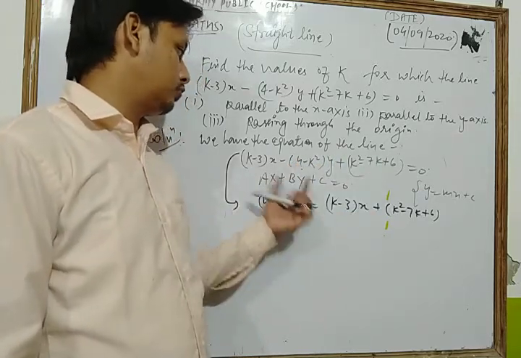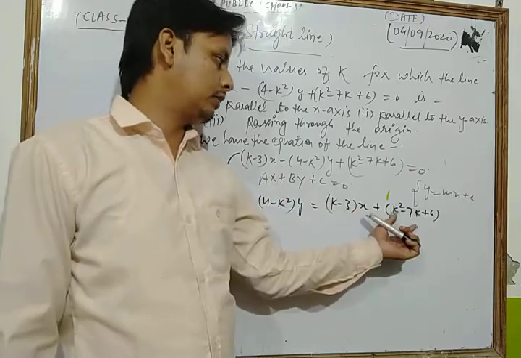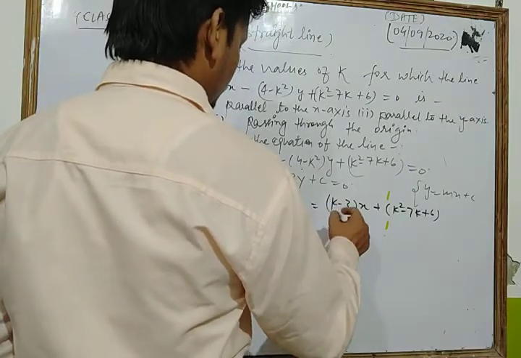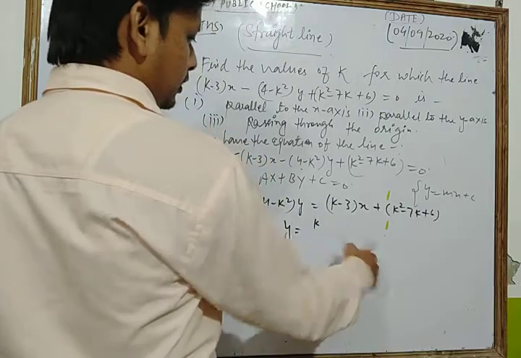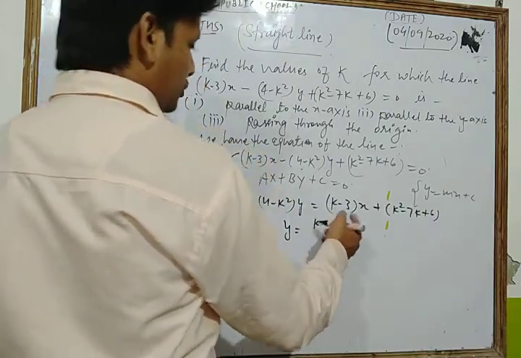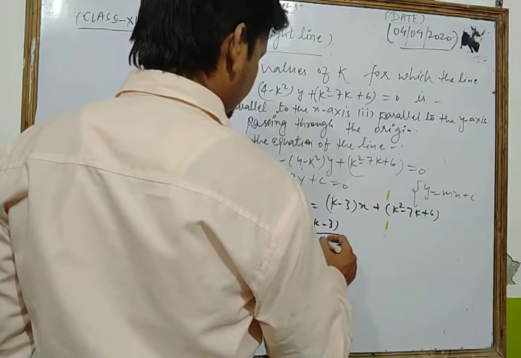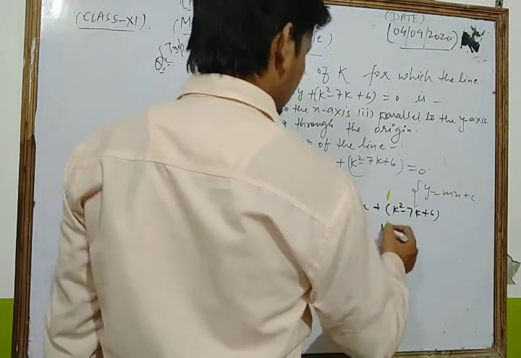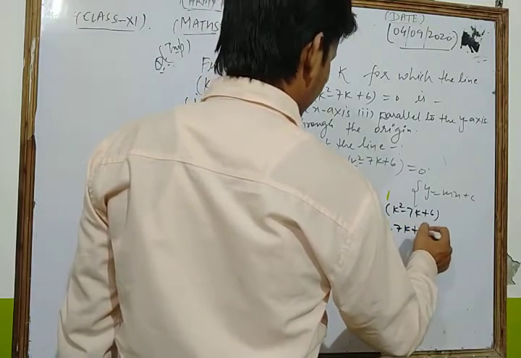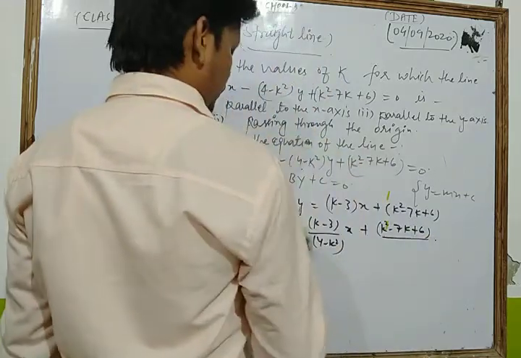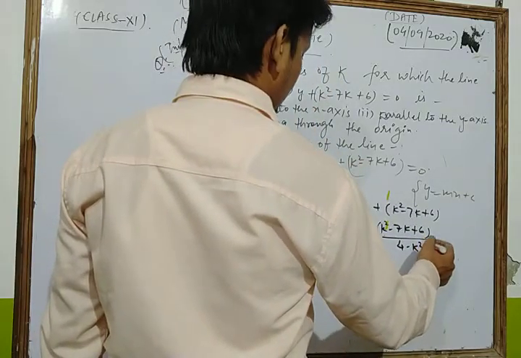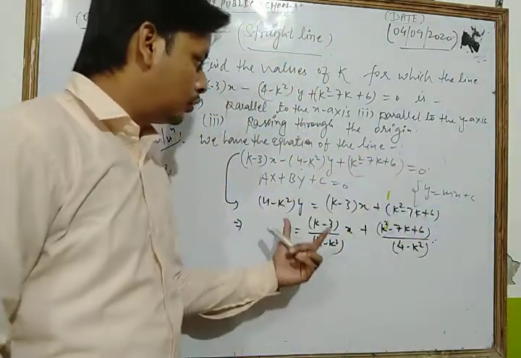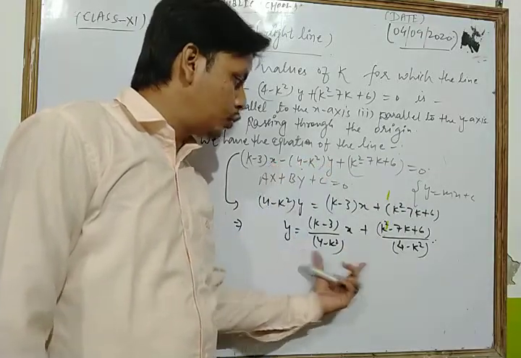So (4 minus k square) y is equal to (k minus 3) x plus k square minus 7k plus 6. Now we can write y is equal to, that value goes to the denominator, (k minus 3) upon (4 minus k square) into x plus (k square minus 7k plus 6) upon (4 minus k square). Now we have converted the given equation into slope intercept form.